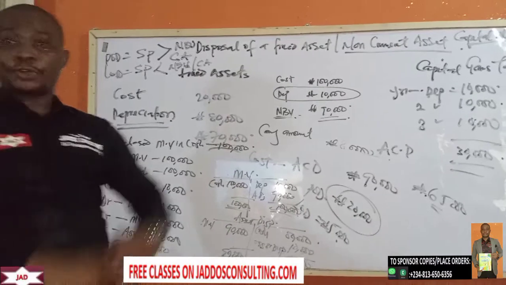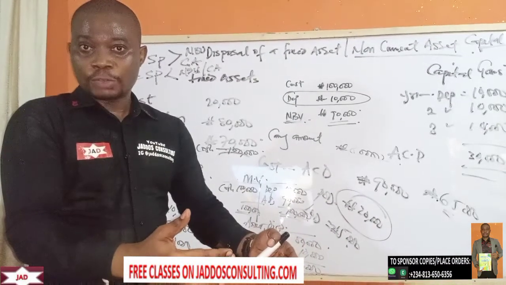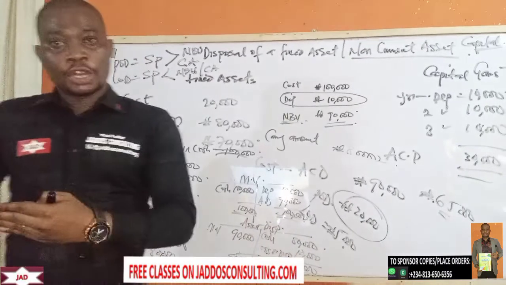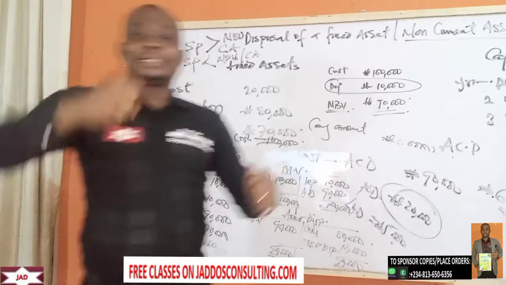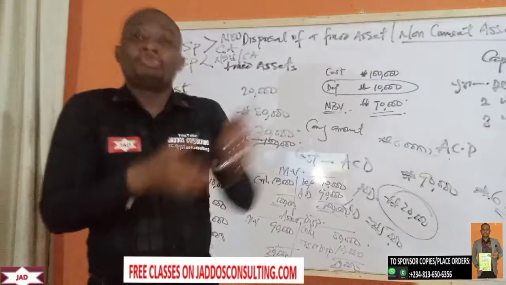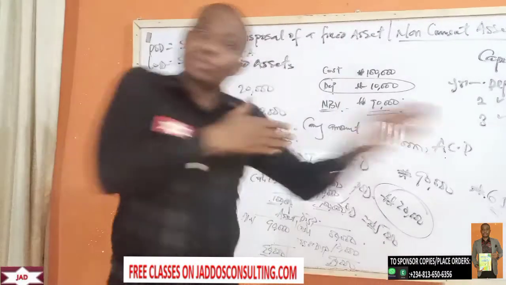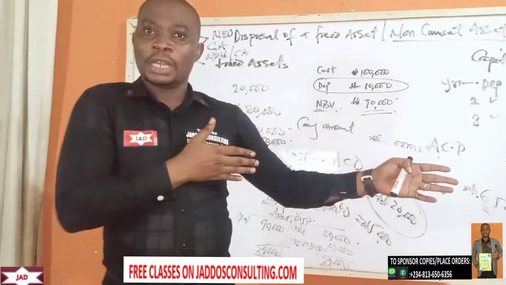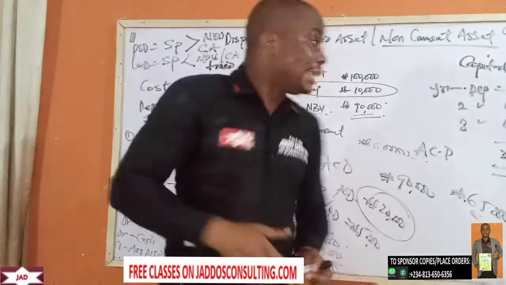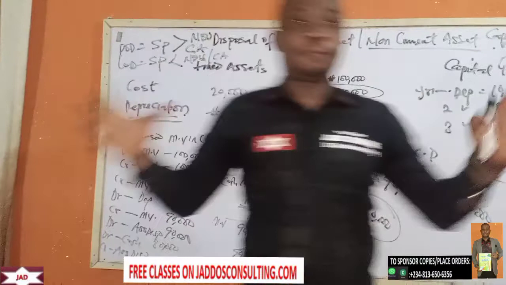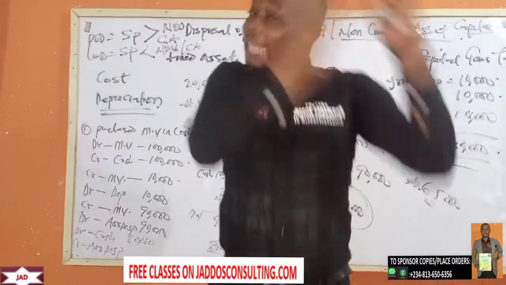When you have a profit that you report for a particular period and you want to take it to tax, the capital allowance will be used to reduce the profit that we're going to get tax on. Instead of depreciation, the taxman is saying capital allowance.